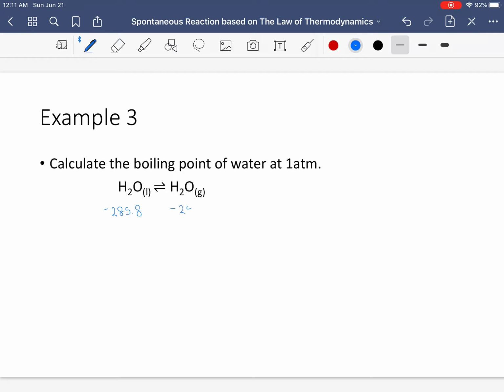Gaseous water is negative 241.8. Remember they're in kilojoules per mole, okay? For delta S, liquid water is 69.96 and gaseous water is 188.7.